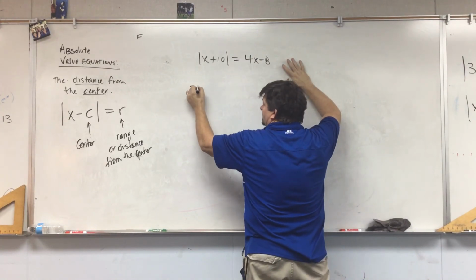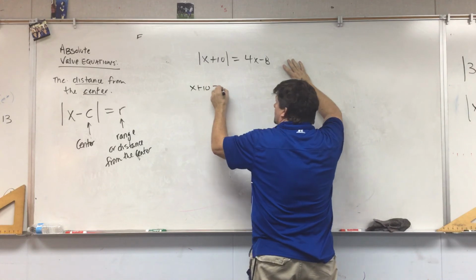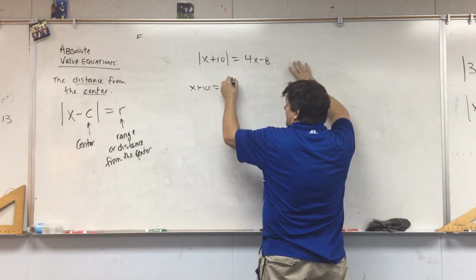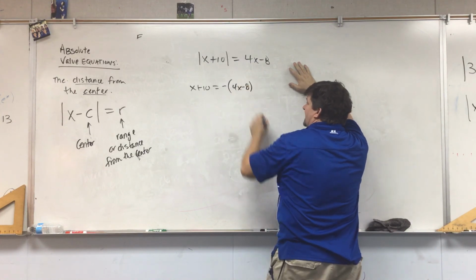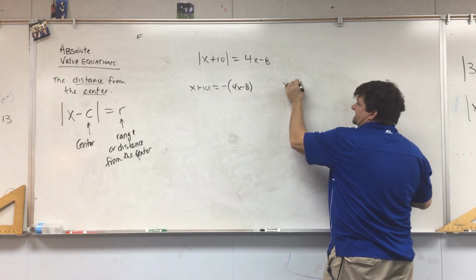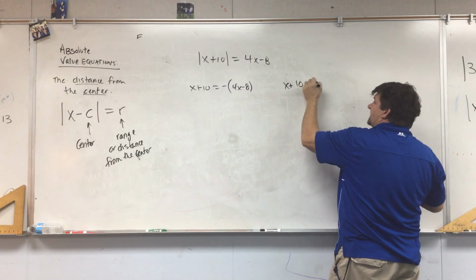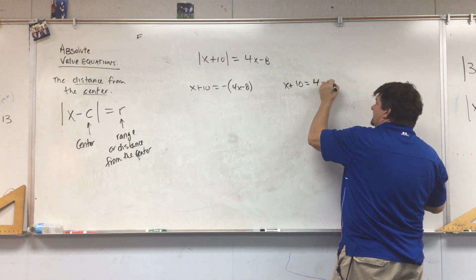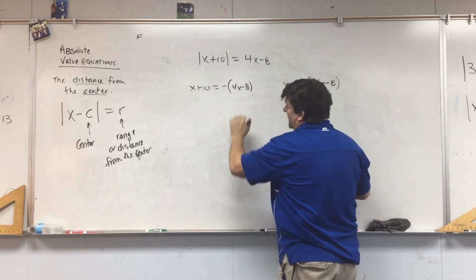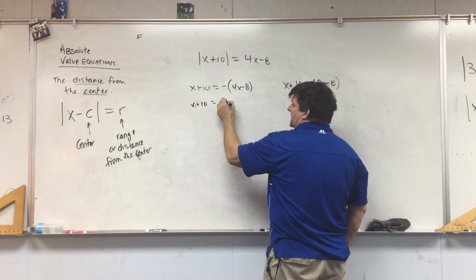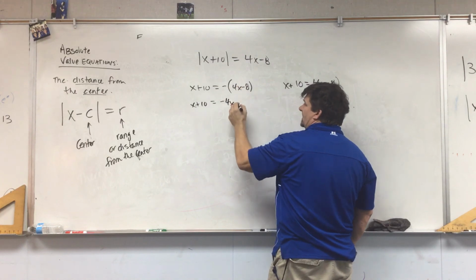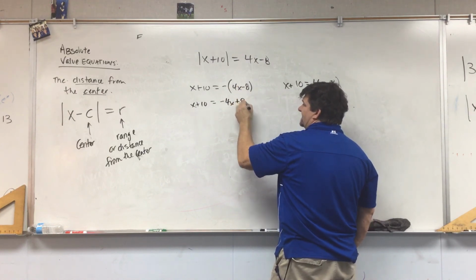So I have x plus 10 equals the left side range, which is negative 4x minus 8. And then I have my right side range, which is 4x minus 8. So we work our problems out here. We get x plus 10, distribute, negative 4x, distribute, which is positive 8.